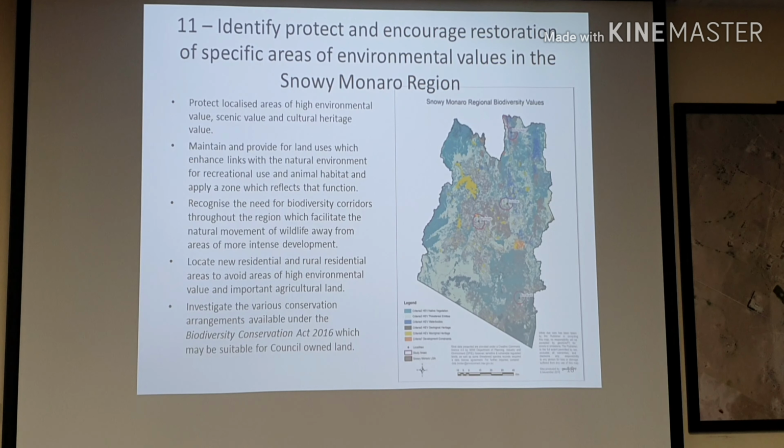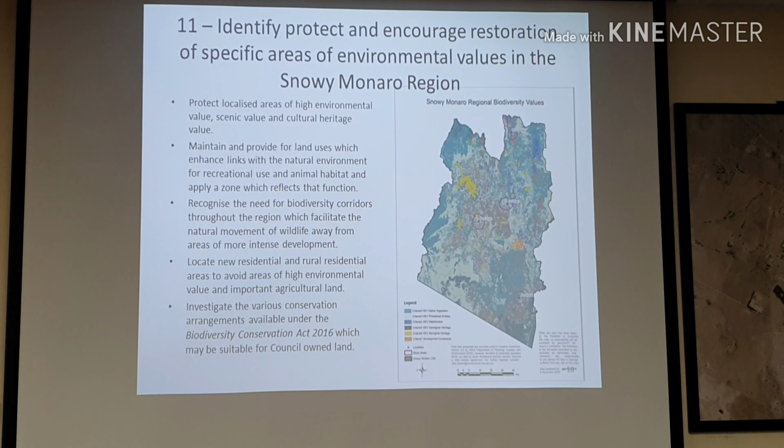So planning priority 11 is identify, protect and encourage the restoration of specific areas of environmental values in the Snowy Monaro region. As you can see from this map on the right hand side, you can't really see the key, but it's showing all areas of high environmental value, whether that's heritage value or natural environmental value from threatened entities or native vegetation, and that's showing how many values we have all across the region, and it's important to protect and restore those into the future, and do so in manageable land use controls.